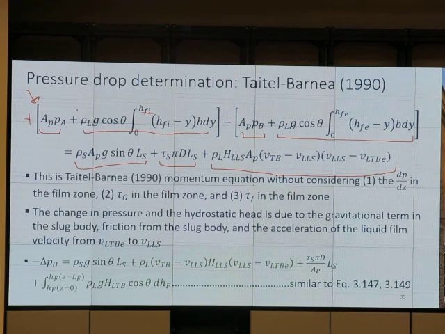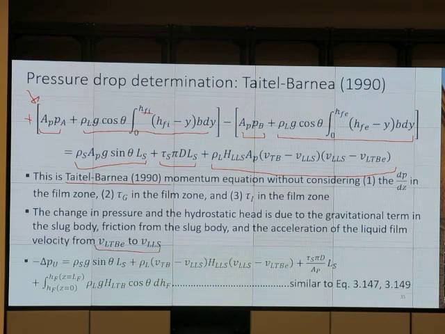This is the way that Taitel-Barnea do the momentum balance. The change in the pressure and hydrostatic head is due to the gravitational term in the slug body, friction from the slug body, and accelerational from the front, from that velocity to that velocity.